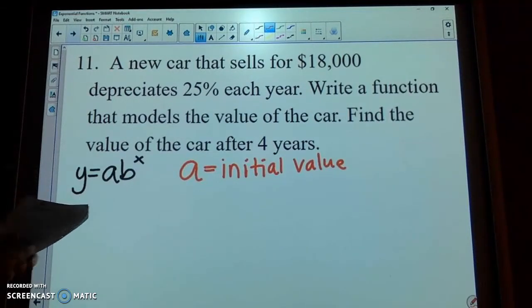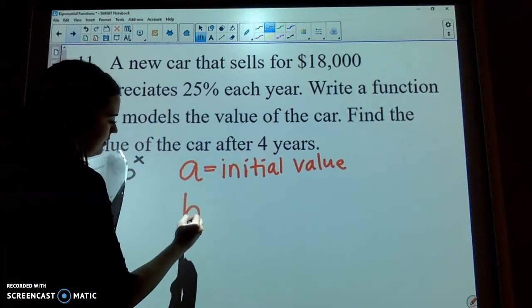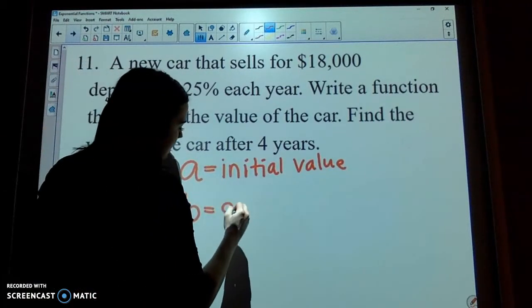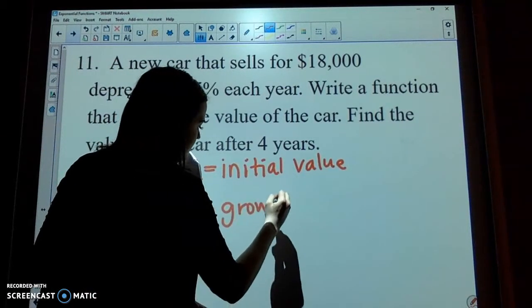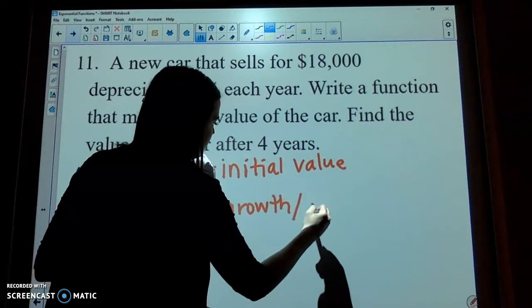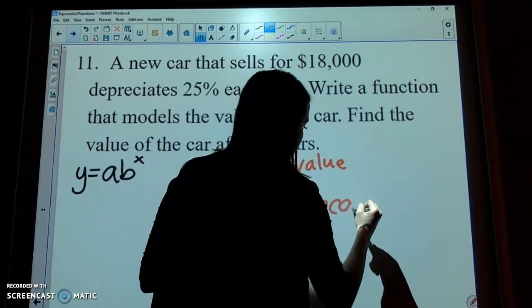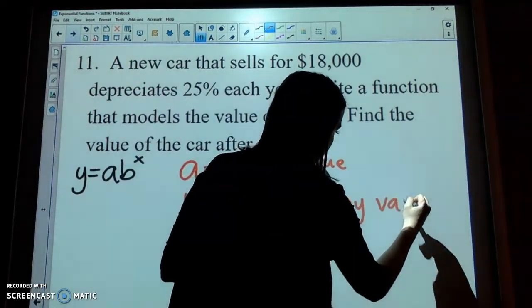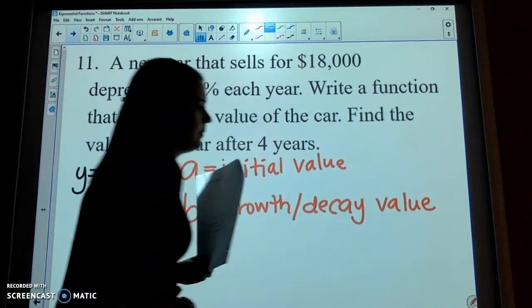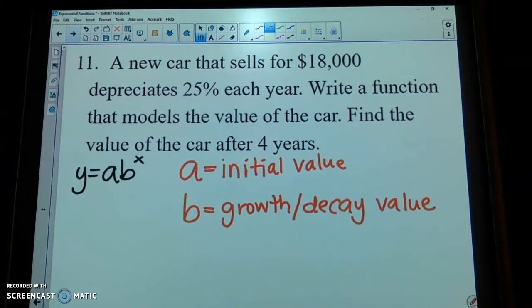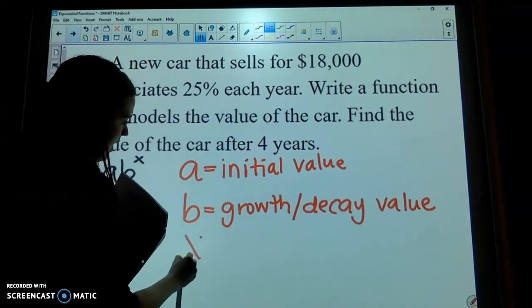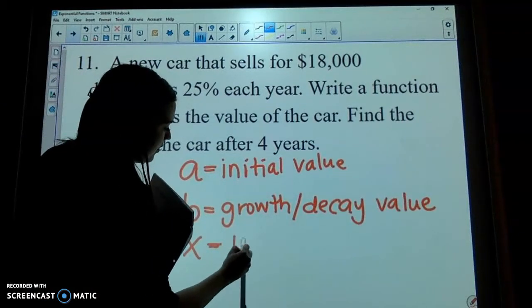All right, b is going to be your growth or decay value. And I'll give you an equation for how to figure that out in just a minute. All right, and then finally, we have x. X in this case is going to be our number of years.